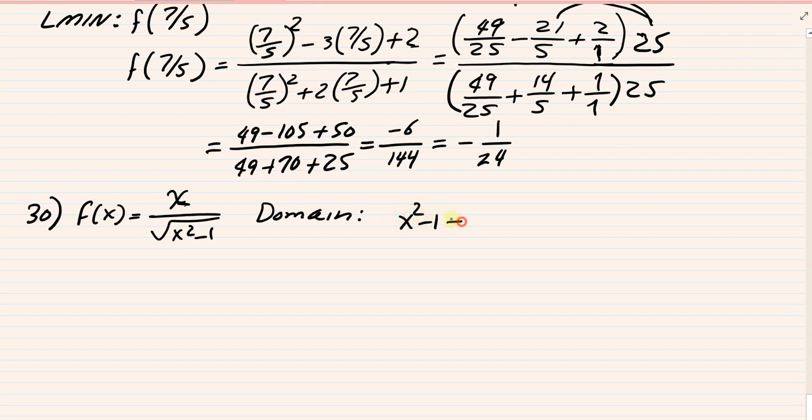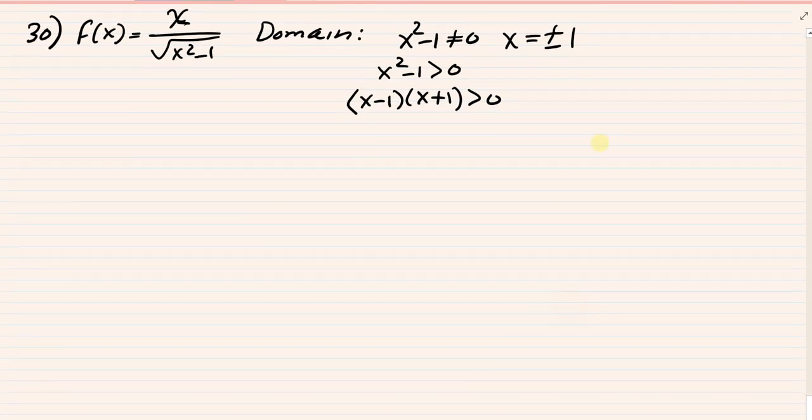X squared minus 1 can't be 0 because we have division by 0. So right away, plus or minus 1 is out. Also, the implied domain of the square root: x squared minus 1 has to be positive, which means x minus 1 times x plus 1 has to be positive, right? Again, that is what we call the implied domain of the square root.